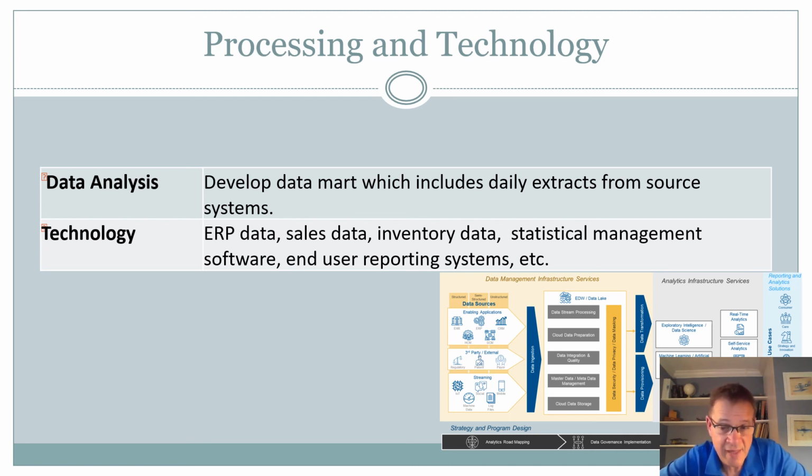As we talked about last week, that could be as simple as an Excel spreadsheet, all the way up to a Tableau dashboard or a Power BI dashboard, or it could be an alert system which is being sent out. If my inventory falls below a certain threshold, I want someone to know. Or if my time delays go above a certain threshold, I may want someone to know. Any of those systems could manage that for you.